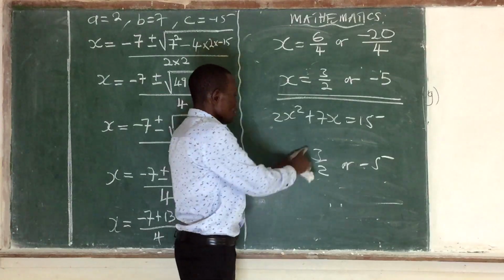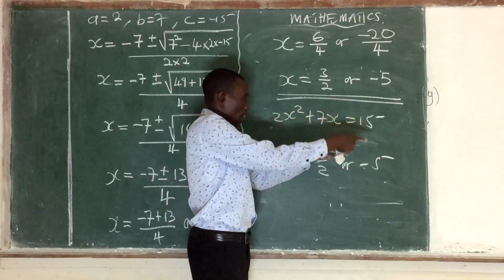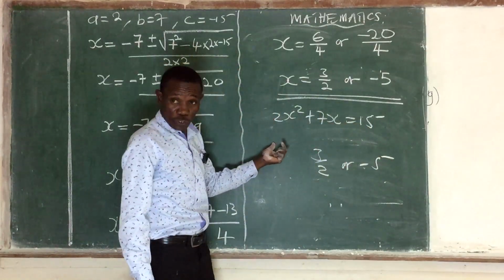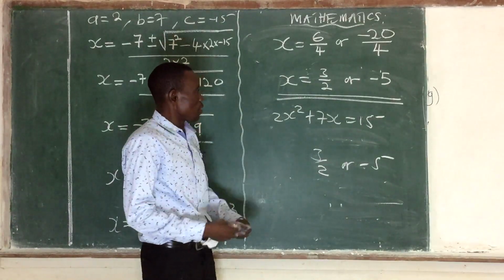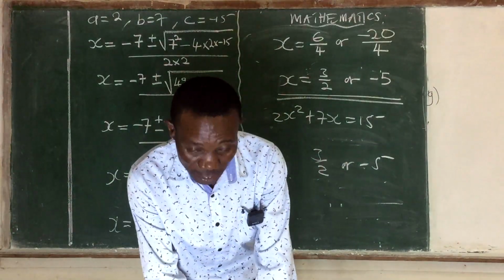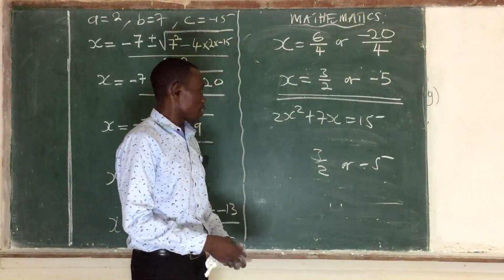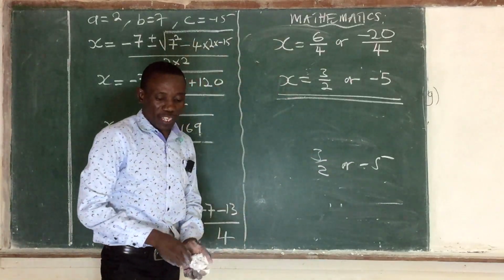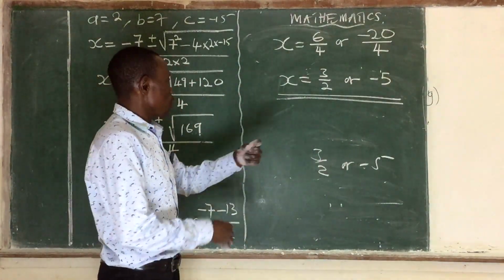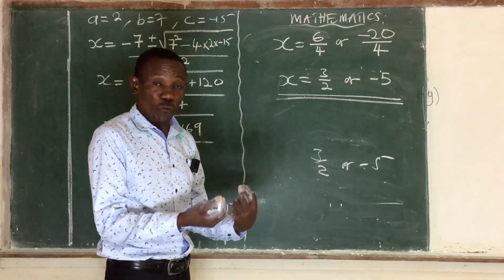Meaning to say, if these are the answers after solving, can I use them to come back to the original equation? The answer here is yes. So let's discuss a little bit and see what would be regarded as a proof of the solution. Right. So I will write that one as another example, which would be a backward solving.